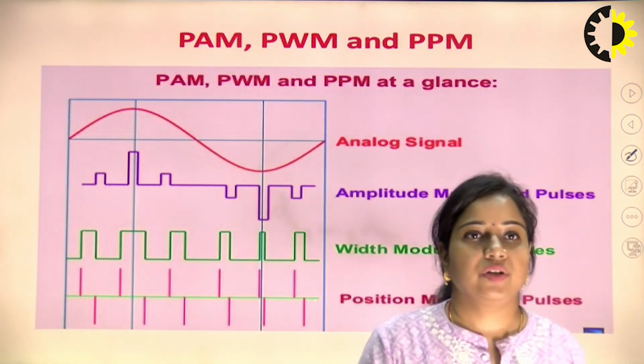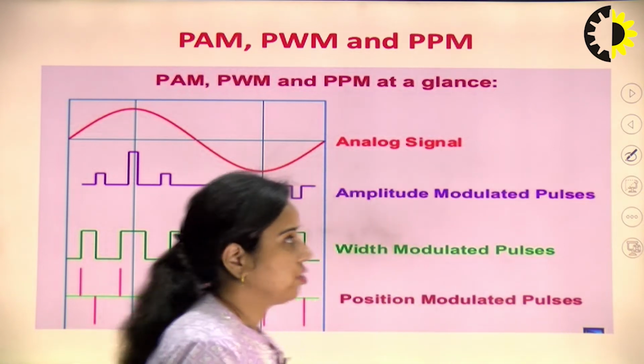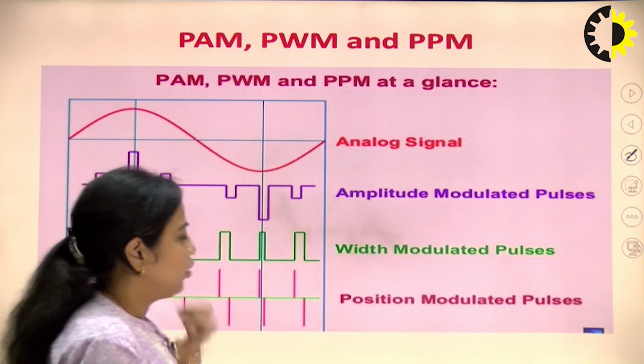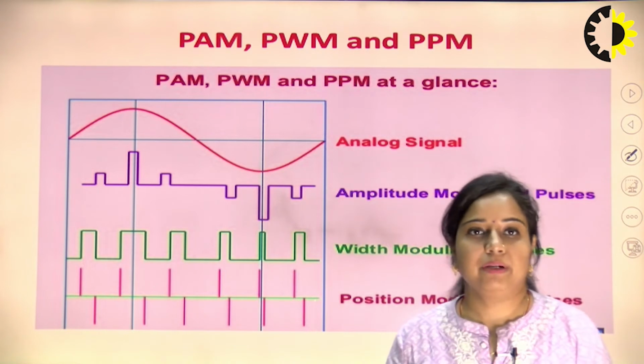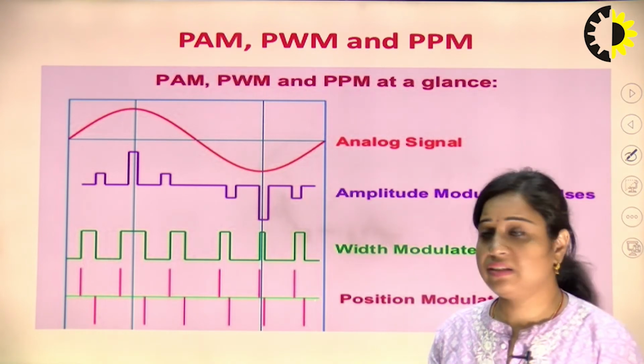Now, these are the 3 different types of modulation which are explained in this waveform. You can see this is the analog signal, the message signal. This has to be multiplied or superimposed on a train of pulses having width tau.